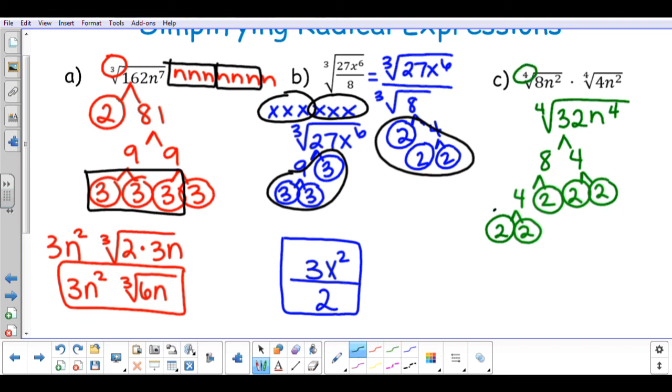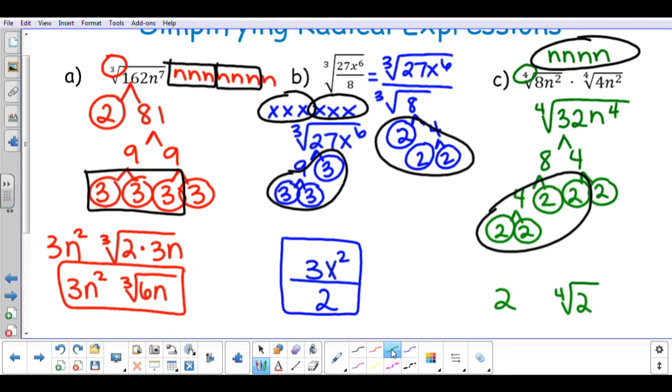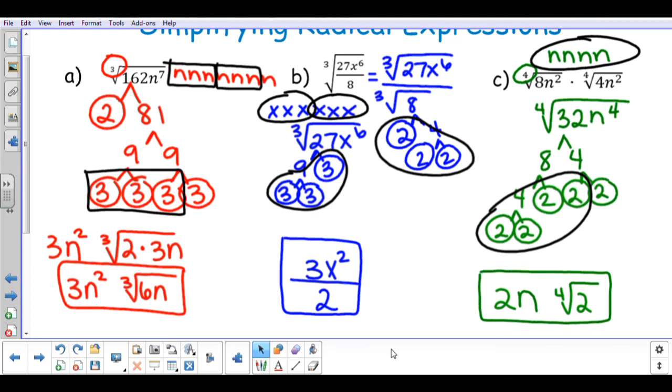So I'm going to take 4 of my 2s to create one group, so that 2 will go in the front, and I'm going to have my last remaining 2 inside. I'm going to break up my n to the fourth into 4 n's. That gives me one full group, so I'm going to have a single n in front and no n's remaining. So my final answer is going to be 2n times the fourth root of 2.